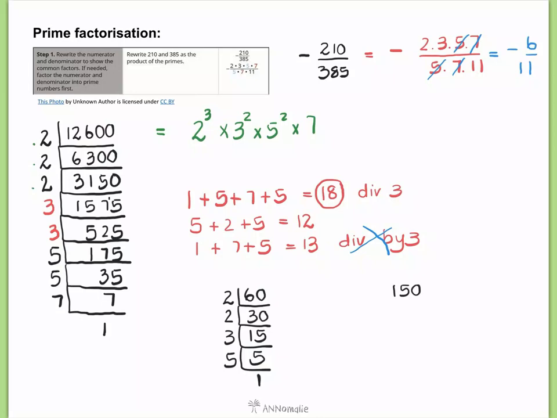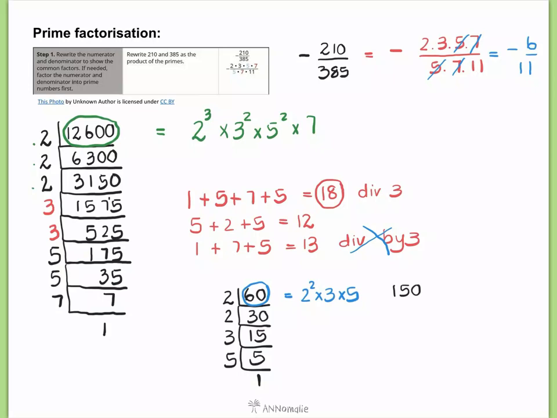So the prime factorization of 60 is therefore 60 equals 2 to the power of 2 times 3 times 5. Let me just circle this. 12,600 is equal to the product of those prime numbers.